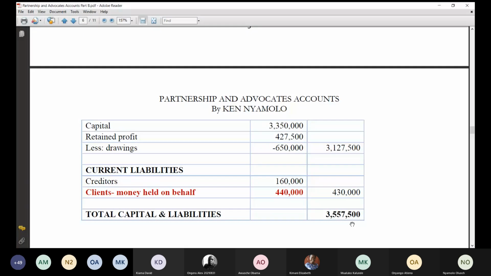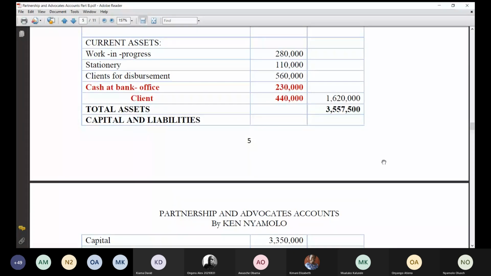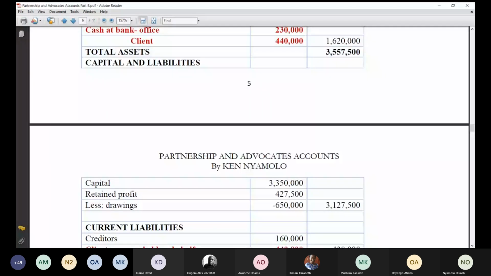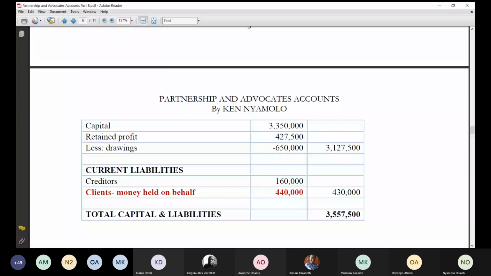So you will always see some figure appearing under current assets and under current liabilities. Even in the example that we did in that P&L, when we did the balance sheet, you will see it.